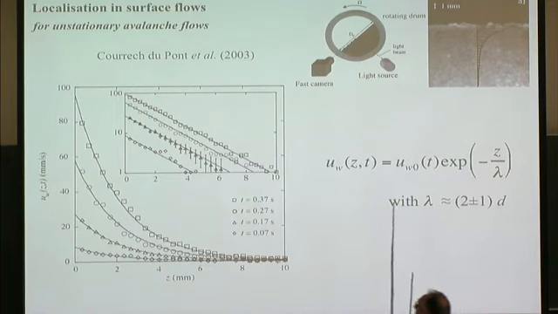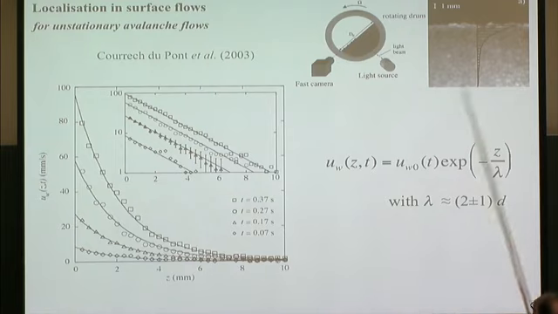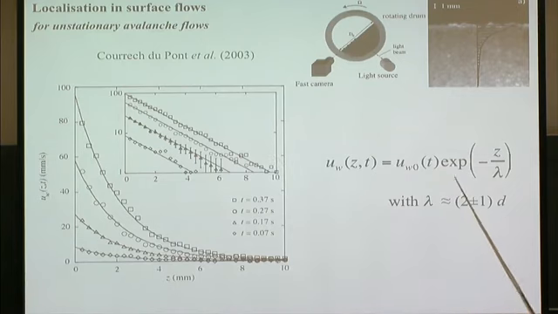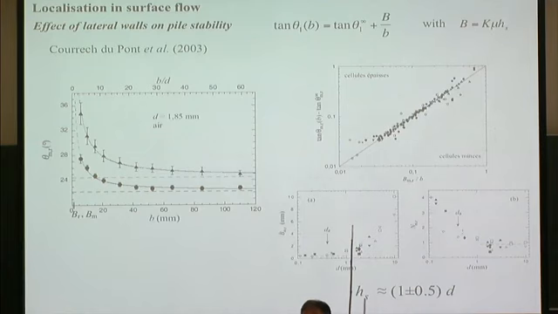And this localization was also observed for unstationary avalanche flows, where Courrèges-Dupont and co-workers measured the instantaneous velocity profiles and observed an exponential velocity decrease with a characteristic length of about 1 or 2 grain diameters.